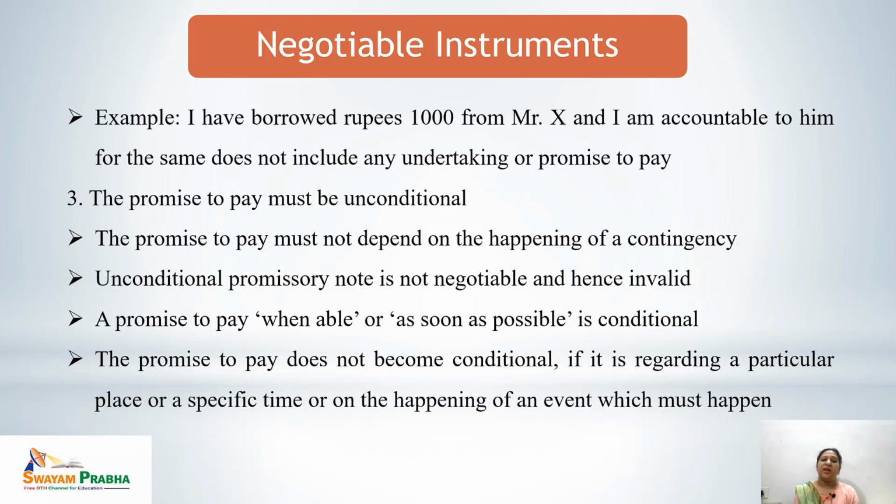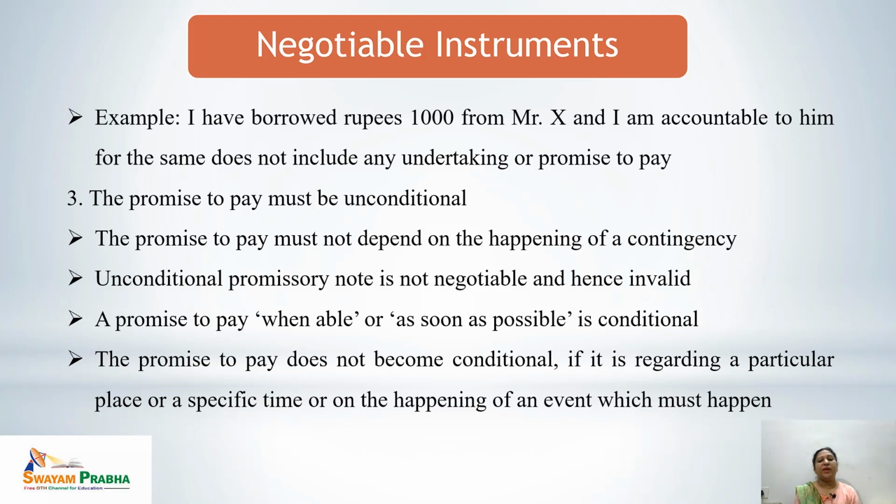So that means any promissory note which is depending upon the happening of a contingency would not be valid. Like a promise to pay when able or as soon as possible is conditional, and if these kind of words are being used, these are not valid promissory notes.